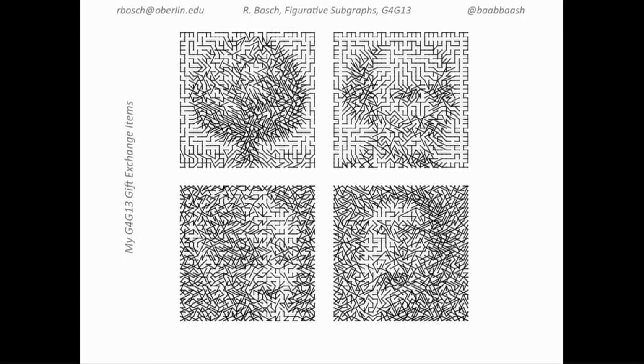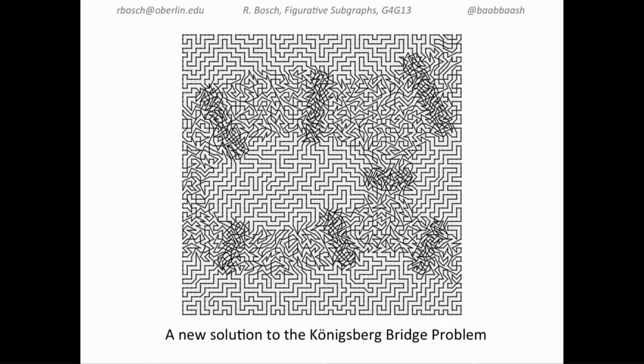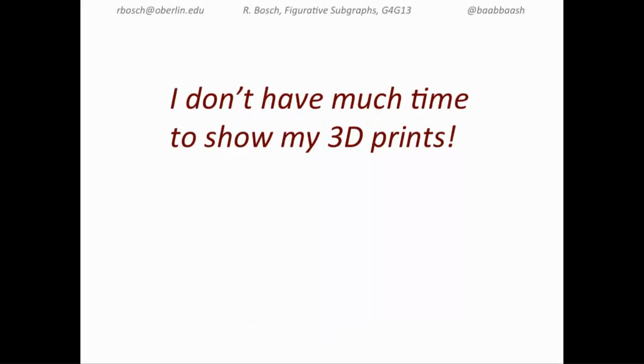These four make up my, you'll get one of these in your gift bag. I have one Eulerian pun. This one takes a little bit of explaining, but maybe not in this audience. So I don't need to explain it.